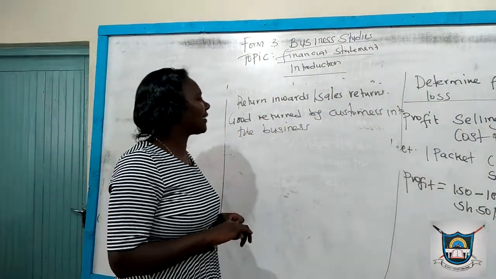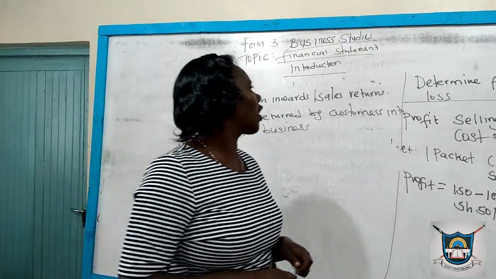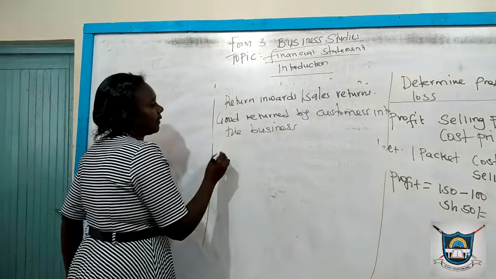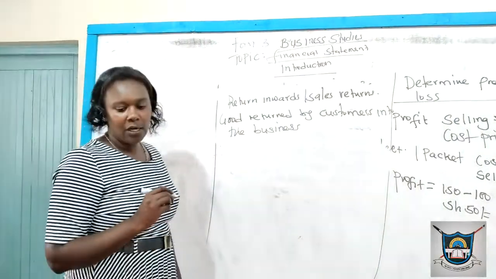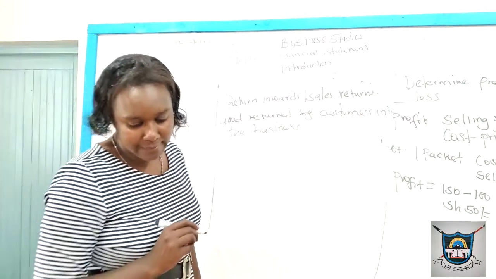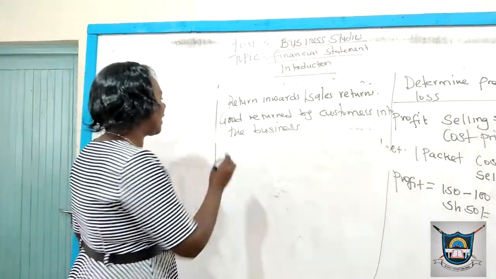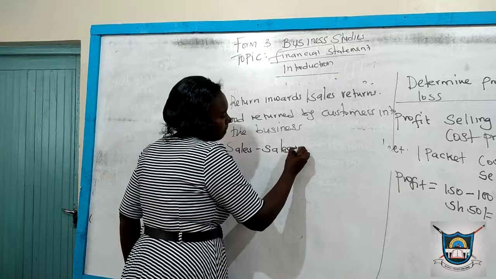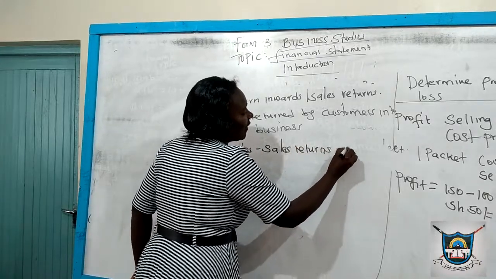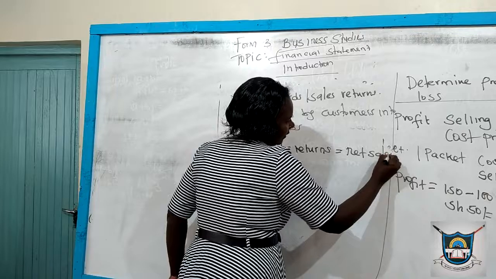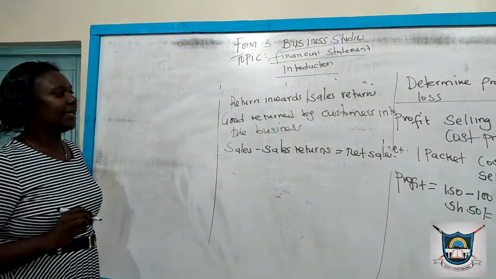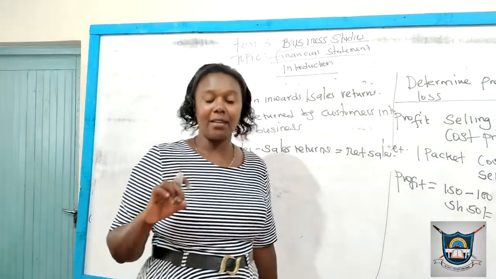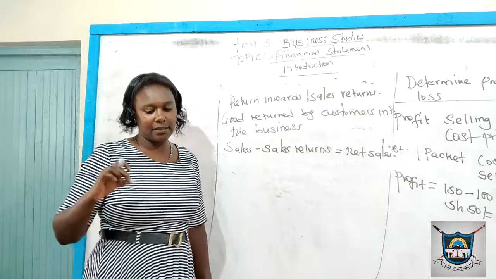When those goods are returned back into the business by customers, we call them the sales returns. They are subtracted from the total sales to get net sales. Sales minus sales returns gives us net sales. We are going to meet this in our next lesson.